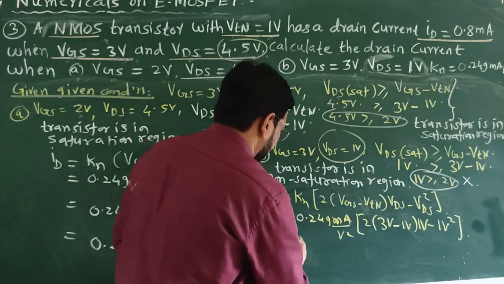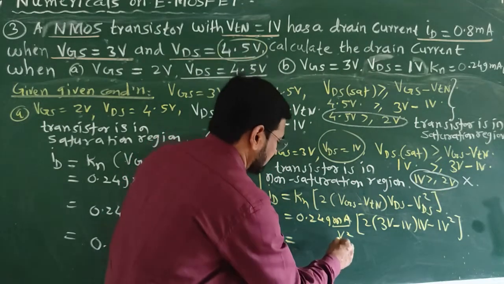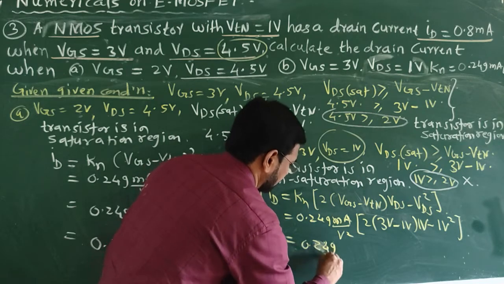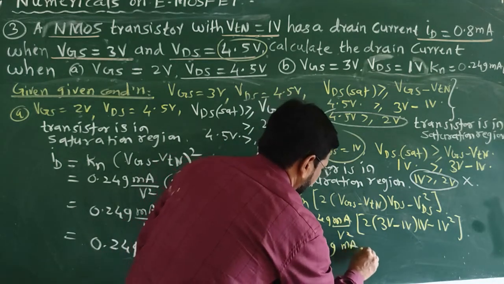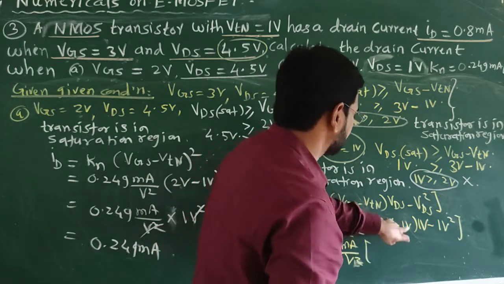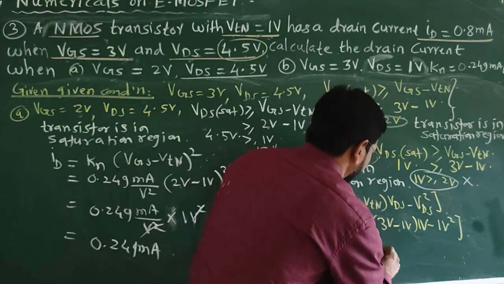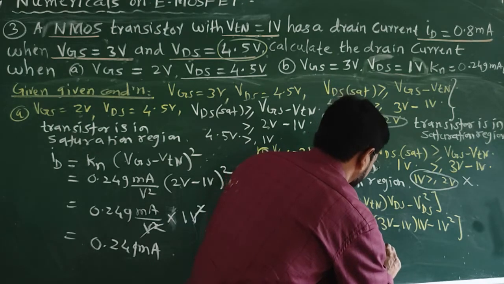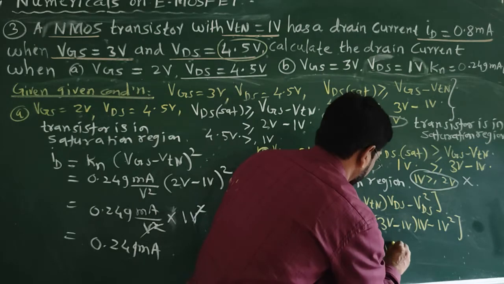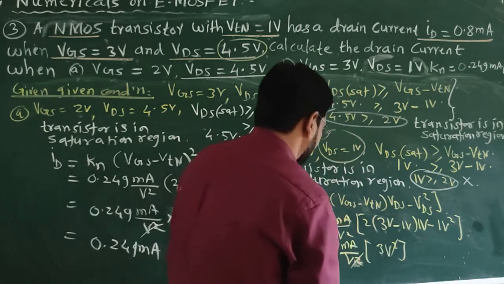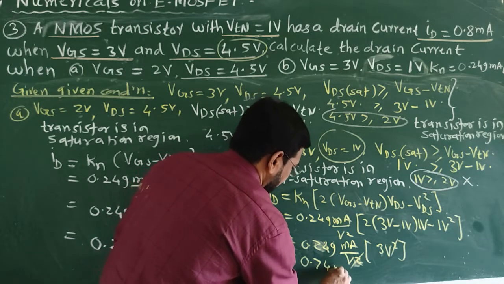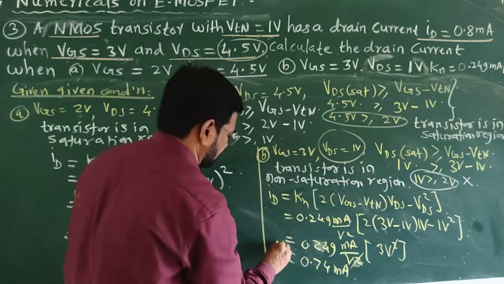So, 3 minus 1 is 2, 2 into 2 is 4, 4 minus 1 is 3. So, it is around 3 volt square, the volt square gets cancelled, and it is around 0.74 milliampere.